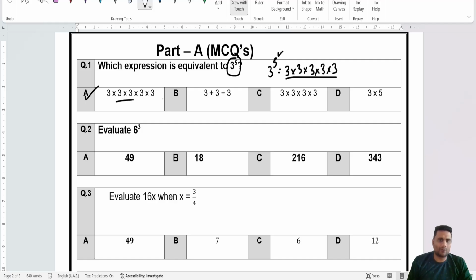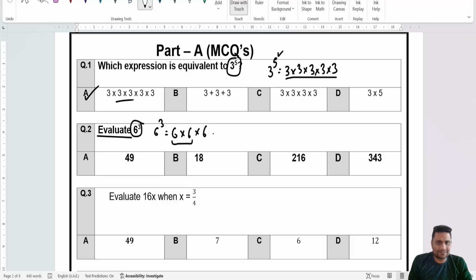Now, second, here he is asking you to evaluate. Evaluate means you have to solve this. 6 power 3. Now, 6 power 3 means 6 times 6 times 6. Multiply the 6 three times. 6 times 6, 36, correct?